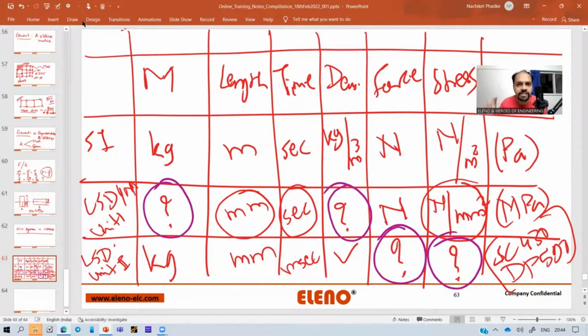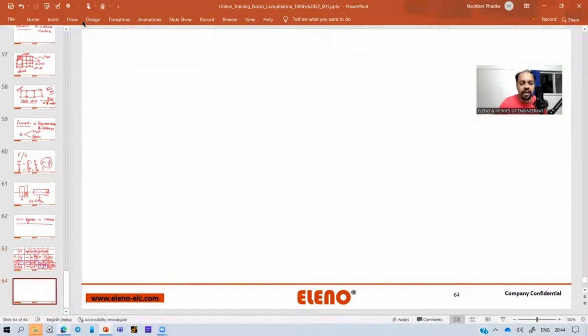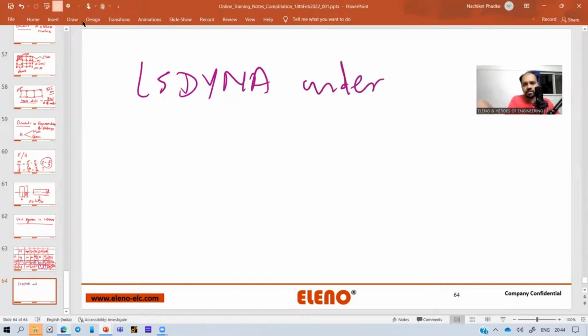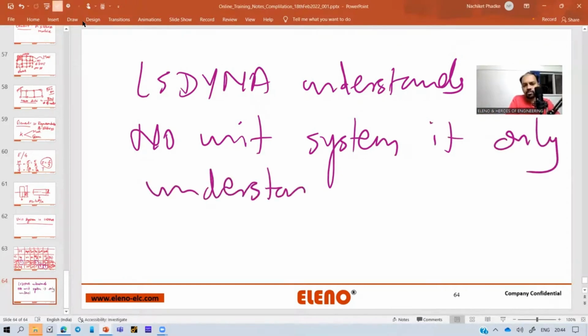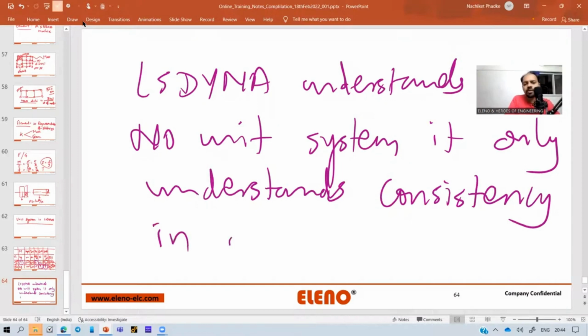LS-DYNA only understands consistency in unit system.